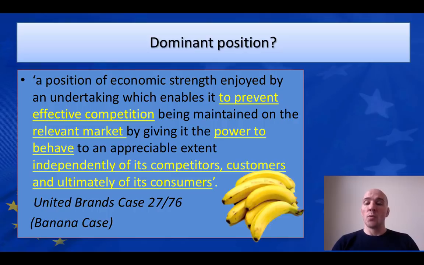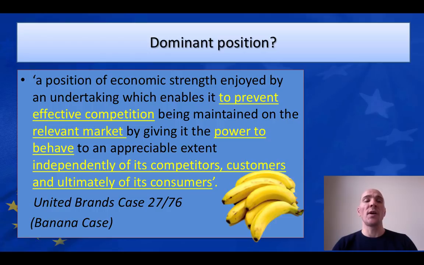If we go to a more legal interpretation, we can introduce the so-called United Brands case from the European Court of Justice. That's also sometimes nicknamed the banana case, because bananas were the main topic in this case.